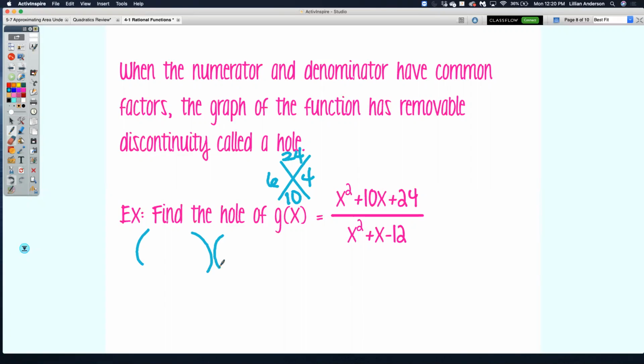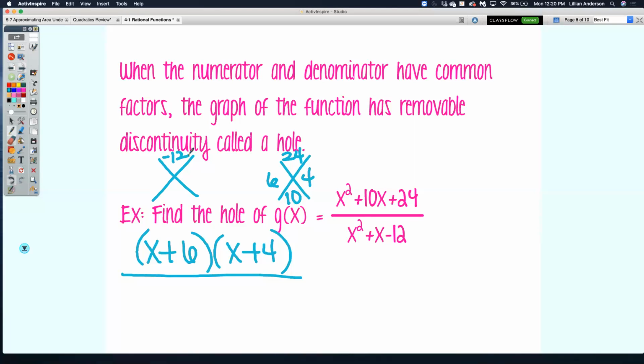So when I factor my numerator, that becomes x plus 6 and x plus 4. I need to do the exact same thing for my denominator. I'm looking for two numbers that multiply to give me negative 12 and add together to give me 1. So that gives me x minus 3 and x plus 4.